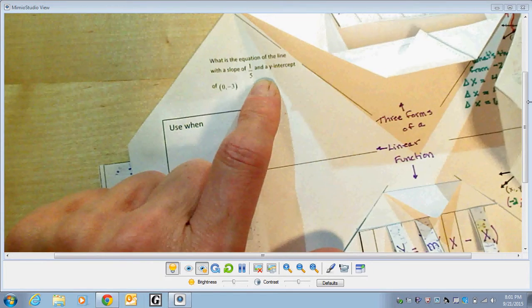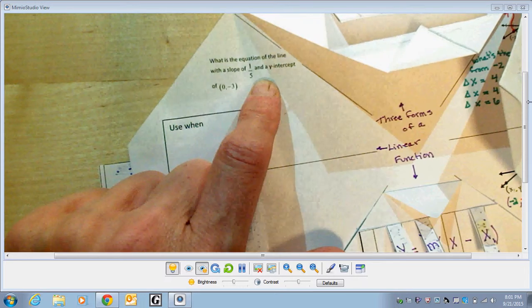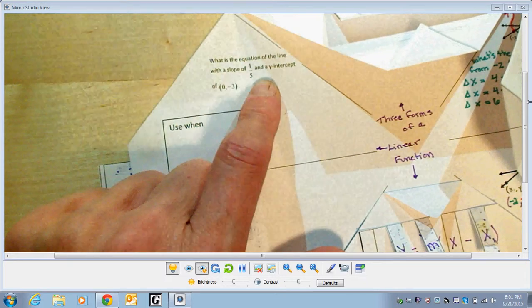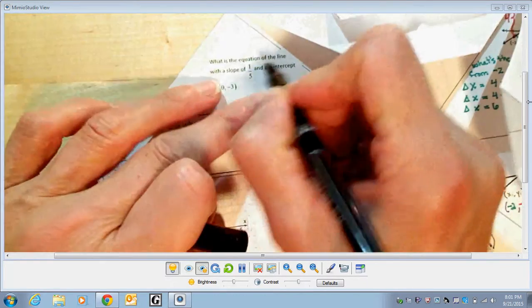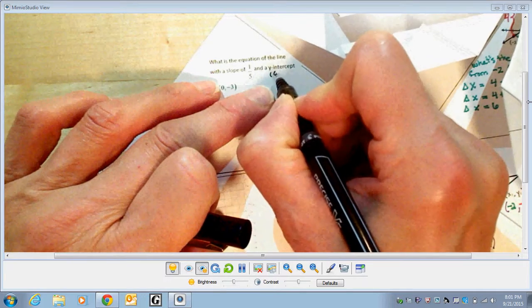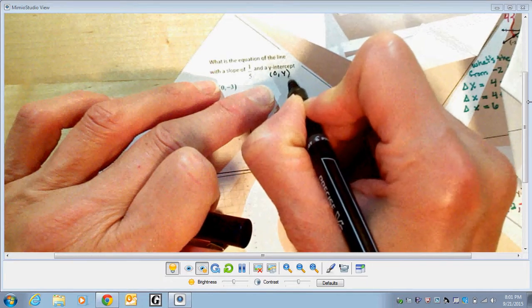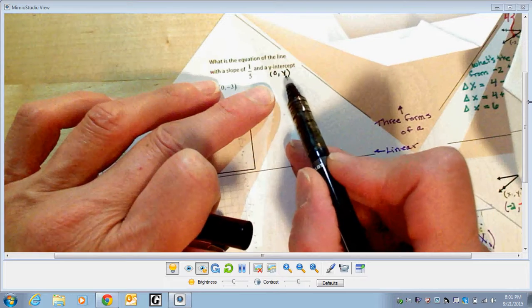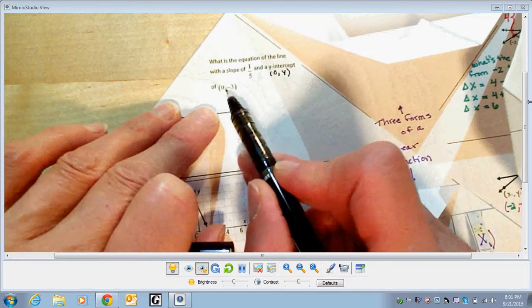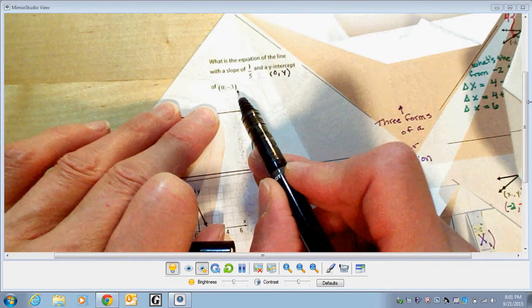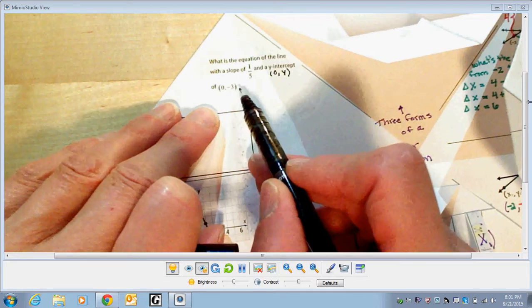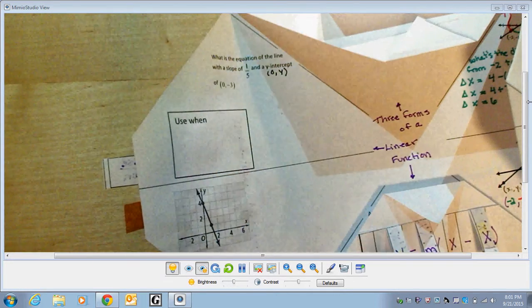Okay? So under y-intercept, I'm just going to sneak in there and write (0, y). So when you see any point written like that, you know it's the y-intercept. So this one's pretty straightforward.